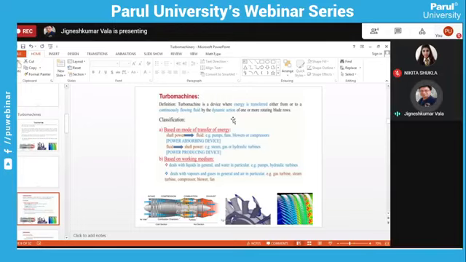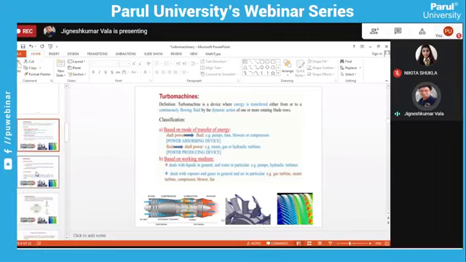There are other types of turbo machines which handle vapors and gas, and more particularly air, like the gas turbine, steam turbine, compressor, blower, and fan.